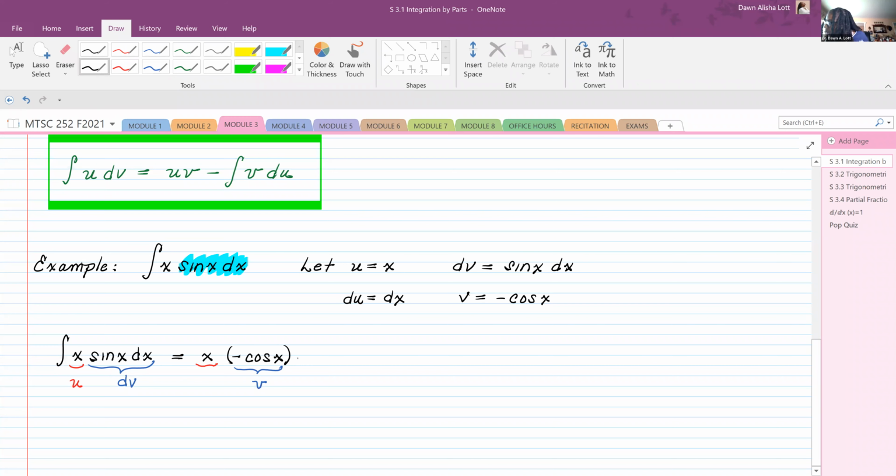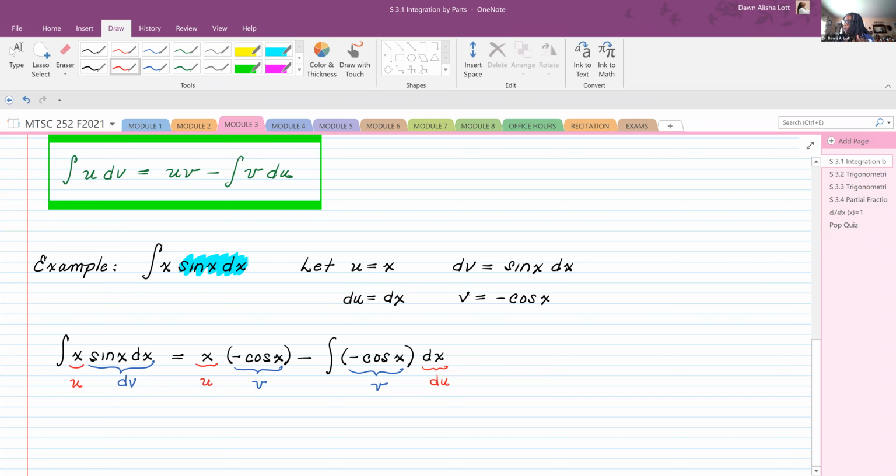Then I have to do minus the integral of what? Minus cosine x. So v is negative cosine x, and du is dx. Okay, so this part is v, and then I need du.